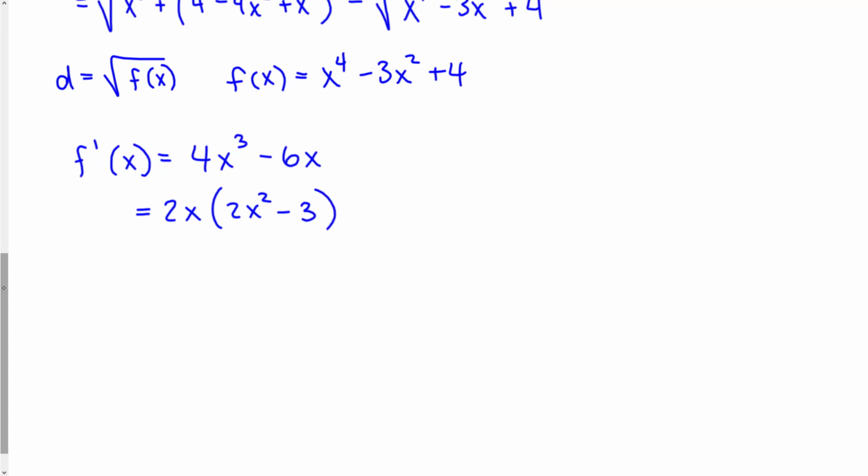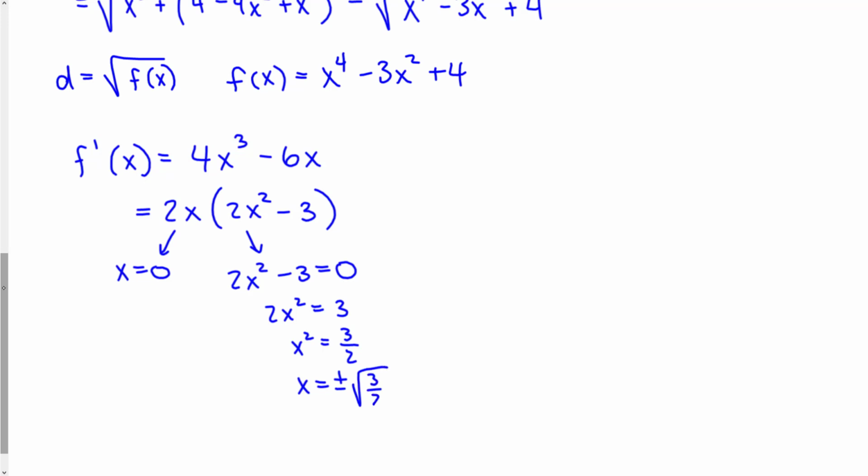So this would lead to a critical number of 0. Let me work with this a little bit and say, all right, so 2x squared minus 3 equals 0, or 2x squared equals 3. So x squared is 3 halves, or x is plus or minus the square root of 3 halves.